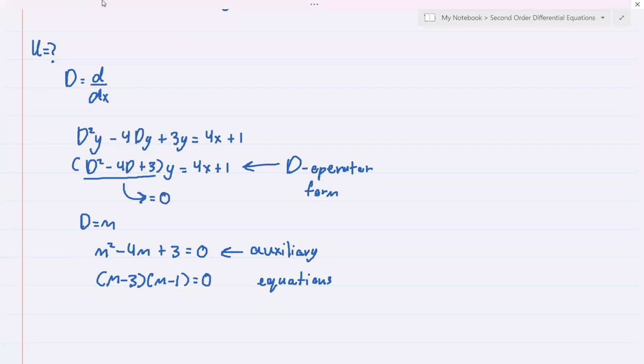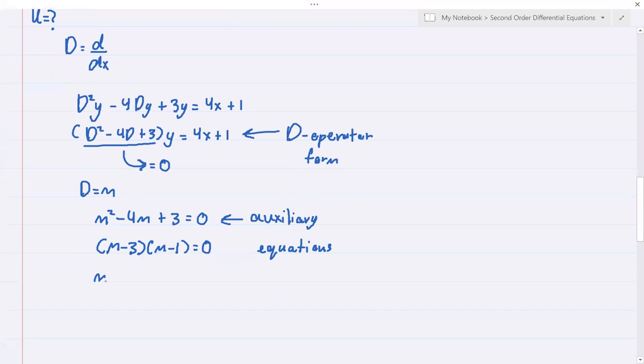So after you factor this out, let's now find your m values. We have m minus 3 is equal to 0, and m minus 1 is equal to 0. Transposing negative 3 to the right, you will have your first m value as 3, and transposing negative 1 to the right, we will have m is equal to 1.